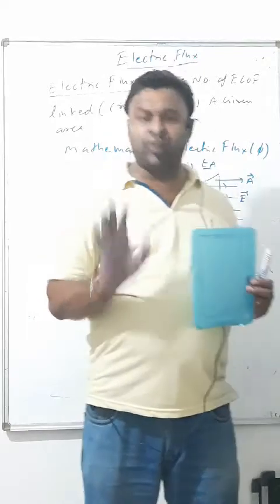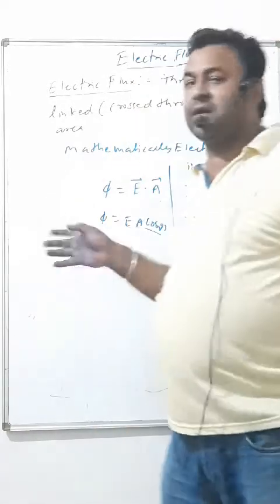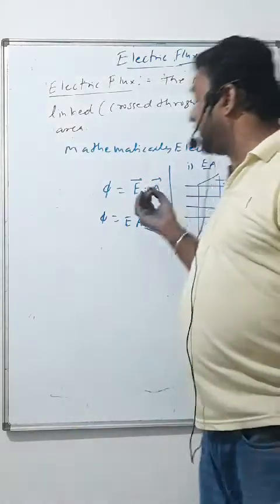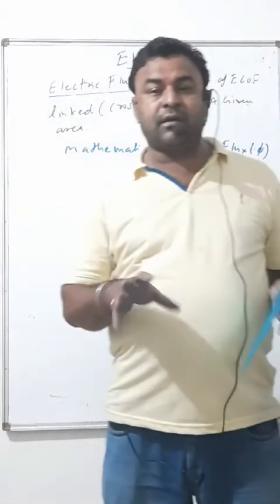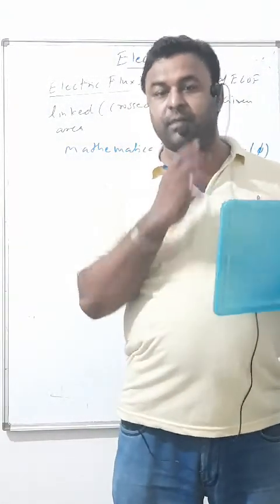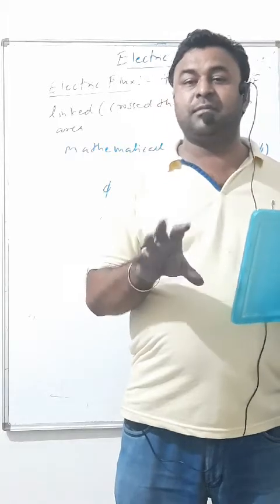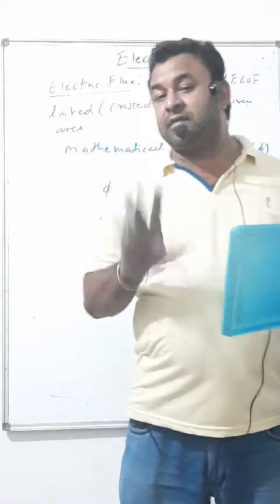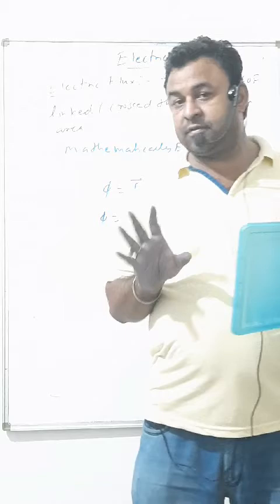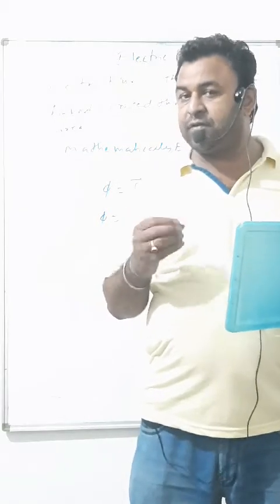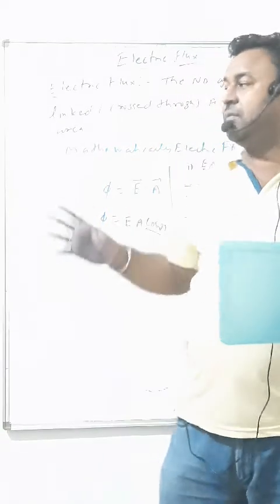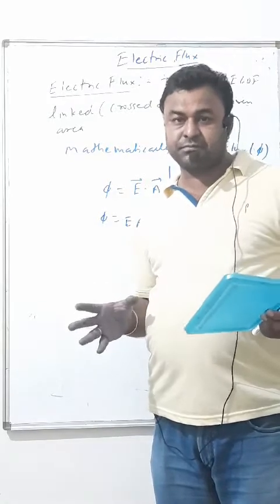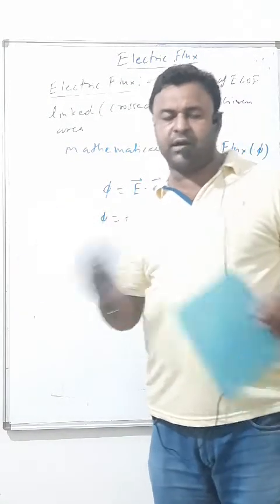It is a property of cos, hence the dot product is selected. No other reason why this mathematical definition is given. Only the dot product resembles this phenomenon, that it is maximum when the angle is 0 and minimum when the angle is 90 degrees. That happens with the cos. So it is the property of cosine, hence we have taken the dot product for representation, no other reason.